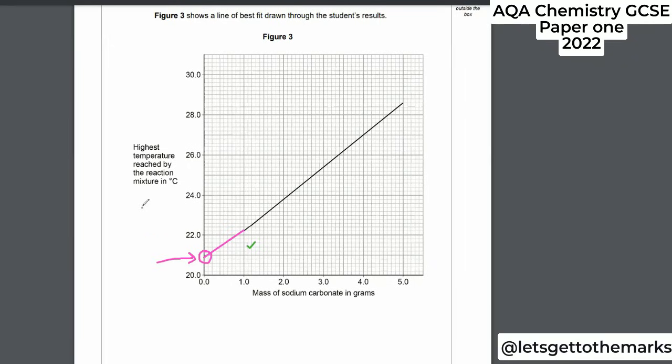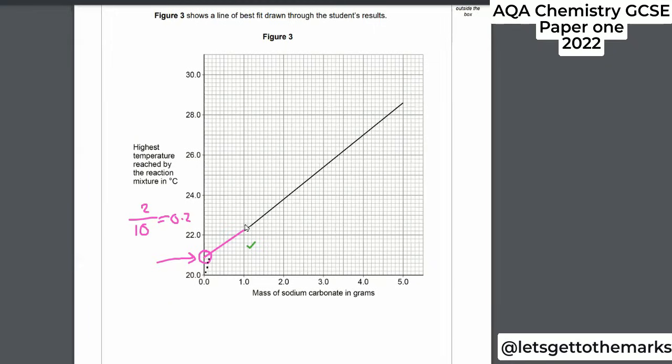So we know that it's 2 over 10, so each square is worth 0.2. If I start here at 20, we go 20.2, 20.4, 20.6.